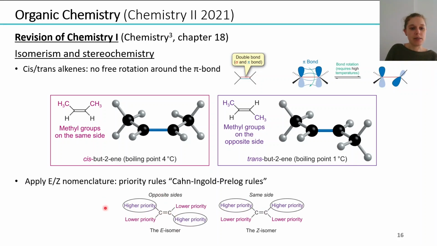Then we go around to all substituents and check which has the highest priority. If we see that the substituents with the higher priority are on the opposite side of the carbon-carbon double bond, then we have an E isomer. And if the higher priority substituents are on the same side, we have a Z isomer.